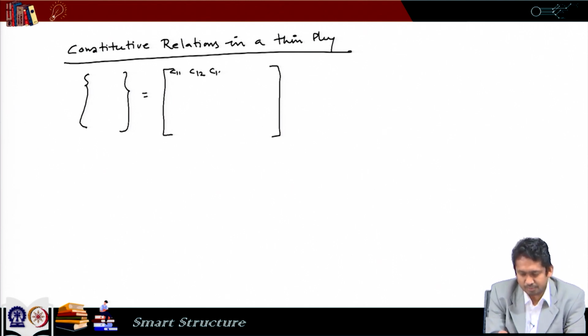So, C12, C13, 0, 0, 0, and then we have C21, C22, C23, it is symmetric.